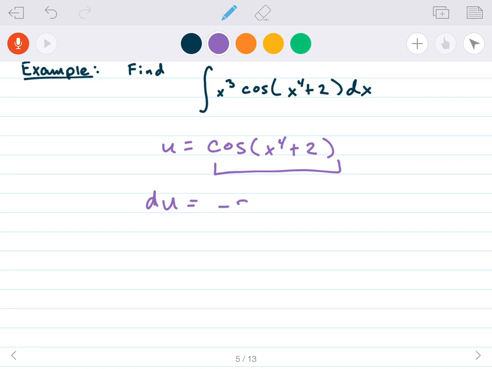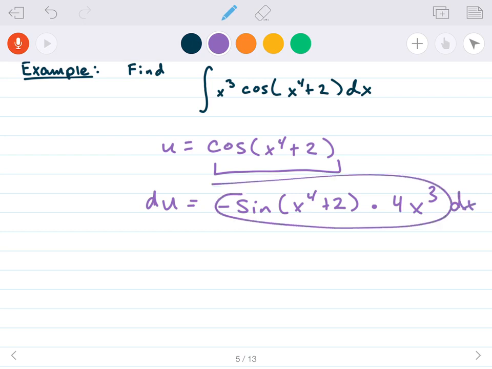So that's going to give us negative sine of x to the 4 plus 2 times the derivative of the inside, which is 4x cubed. And once we do the substitution for dx, we get a whole hot mess in the denominator, which is not going to cancel. So this was the wrong way of doing this.